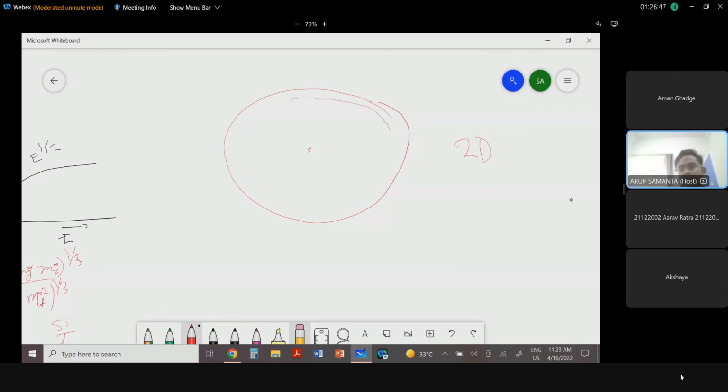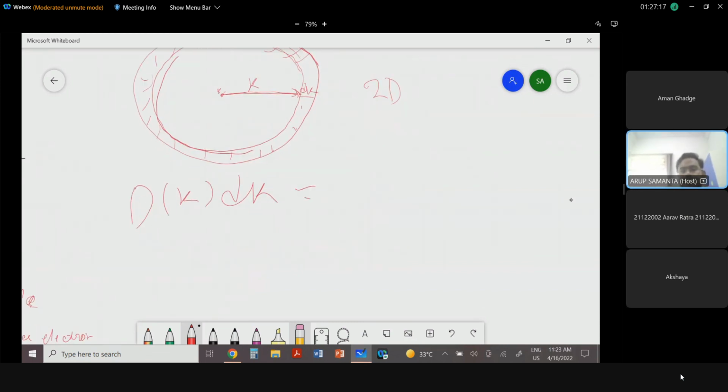To calculate the dE value, you have to consider a thin disk, meaning a ring type structure. From here you can consider K, and this is dK. So first you have to calculate the dK value. That should be an area. So you have to calculate this area first.